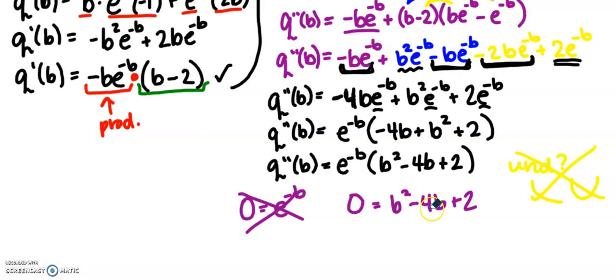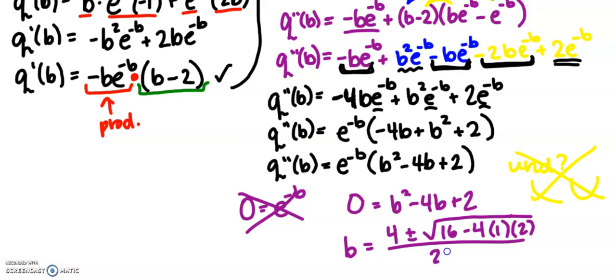This one, I can't factor this. So am I going to use the quadratic formula? You bet I am. So this time we don't have x, we have b. b equals opposite of the b coefficient plus or minus the square root of b squared minus 4ac, divided by 2a.